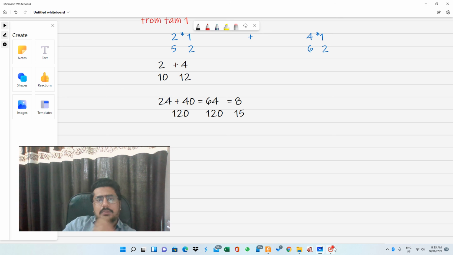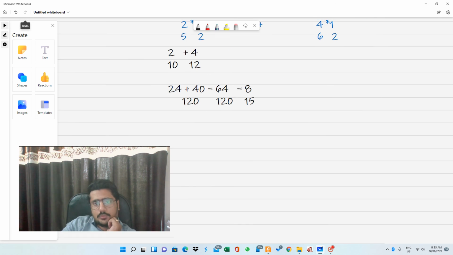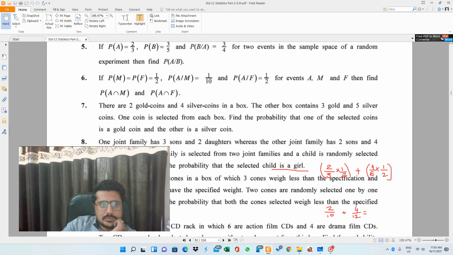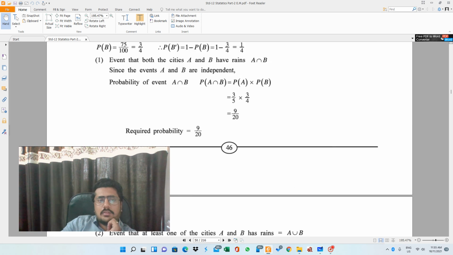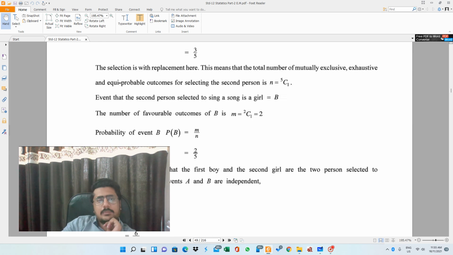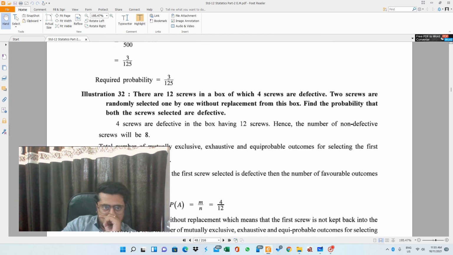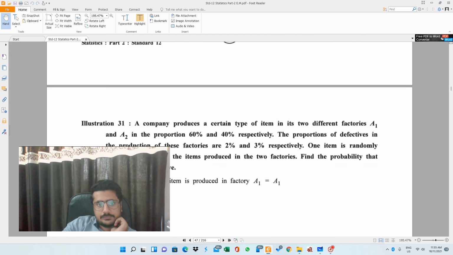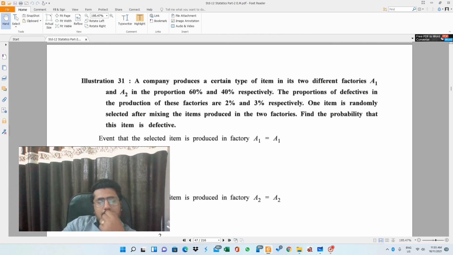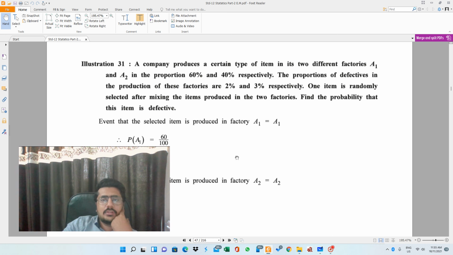This kind of sums are a bit tricky, so you have to make sure that you focus on these sums. On the same line, I have illustration number 31. A company produces a certain type of item in two different factories, A1 and A2, that is 60% and 40%.